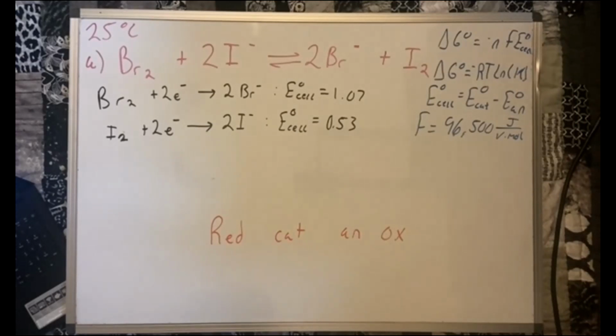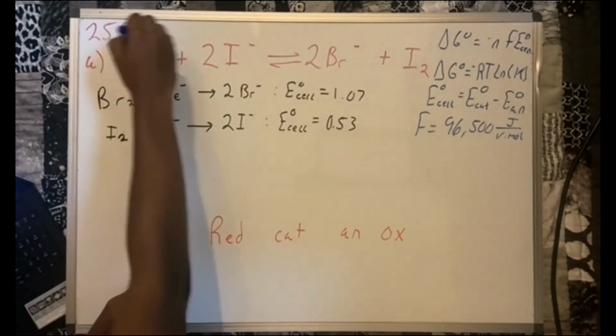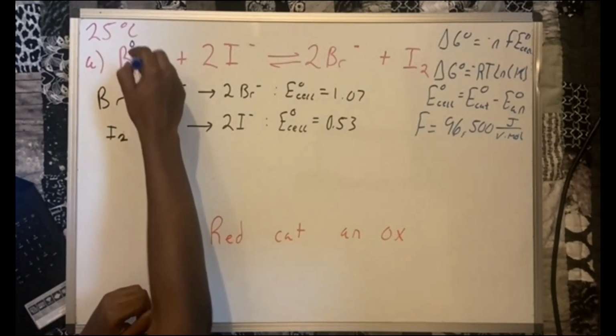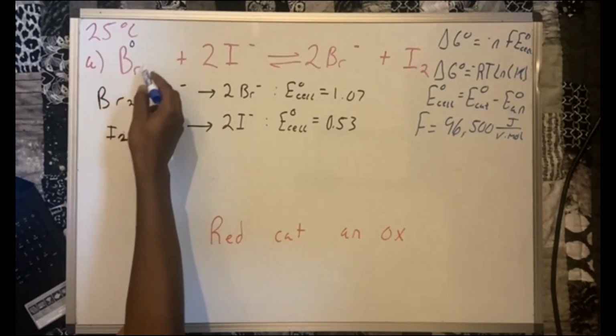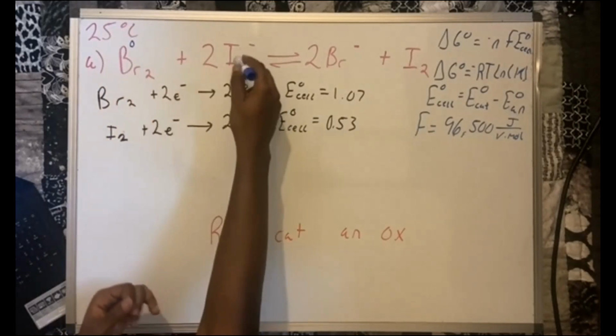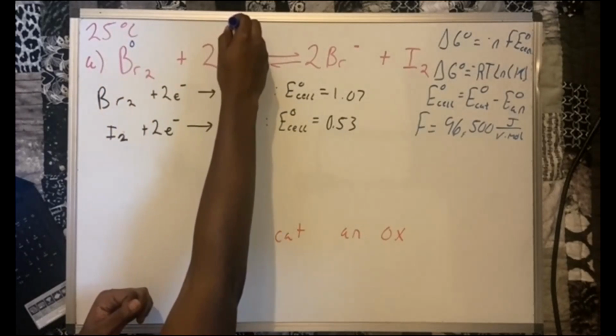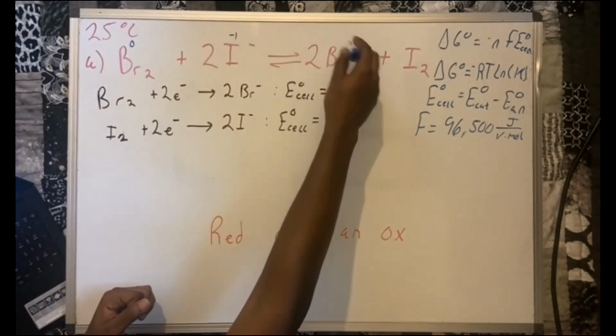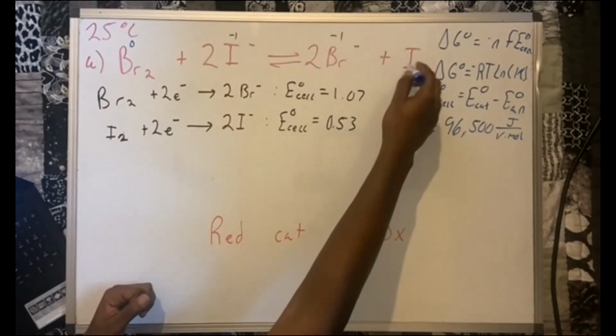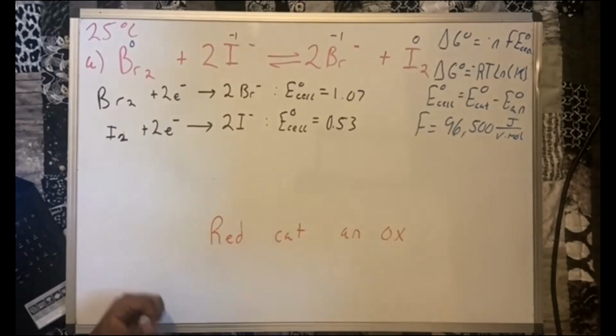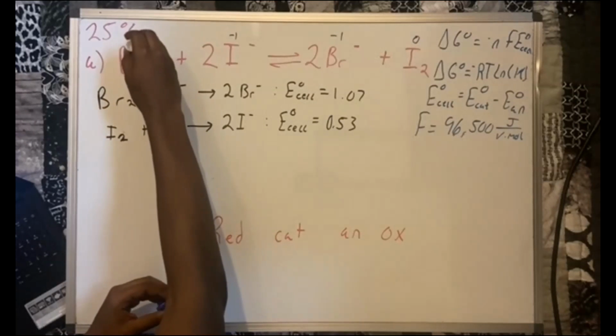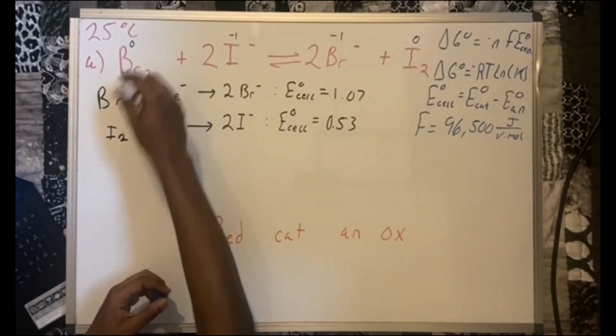So we do our oxidation numbers, right? So this one, 0, easy because it's a single element with no charge, so 0. This one's minus 1, single element with a charge. Minus 1. Single element, no charge, 0. Okay, so Br is reduced.